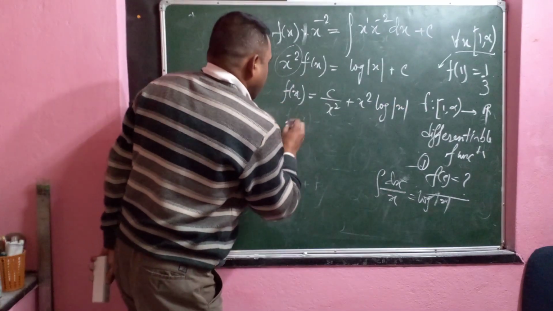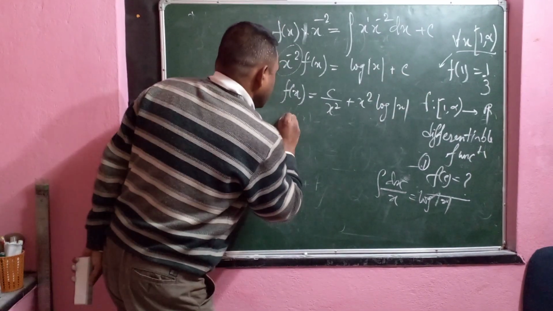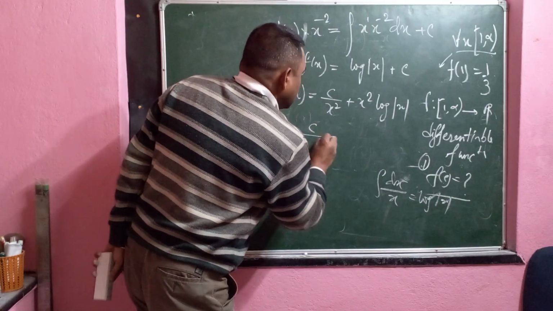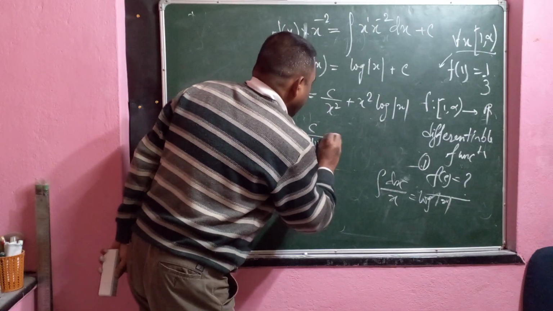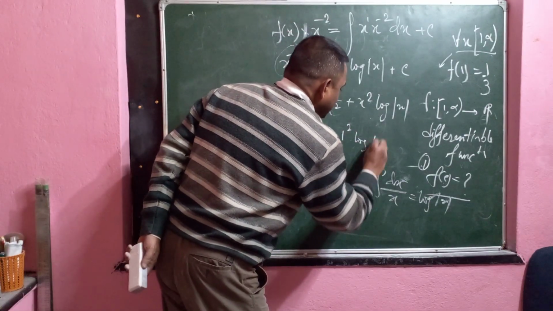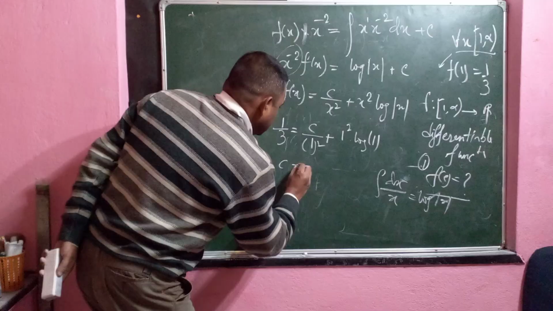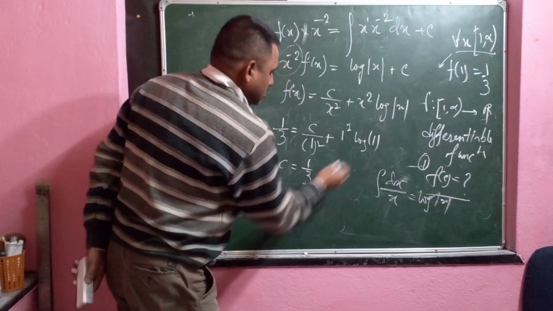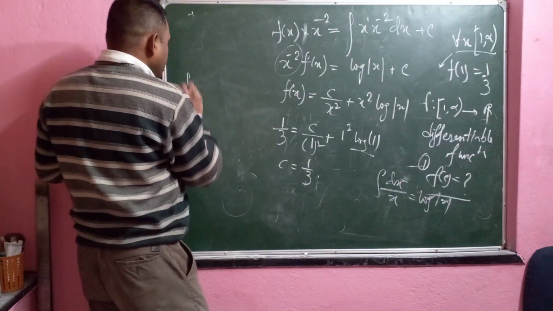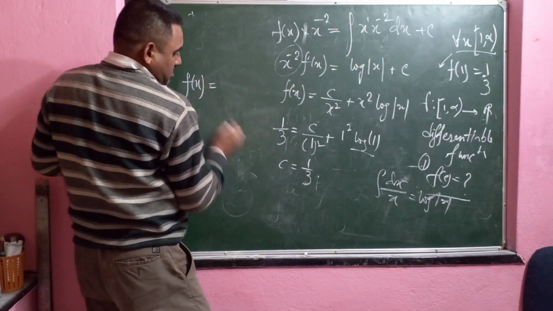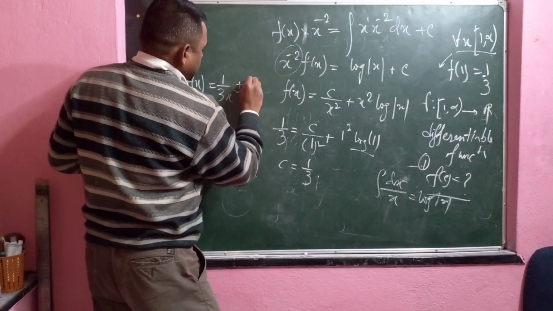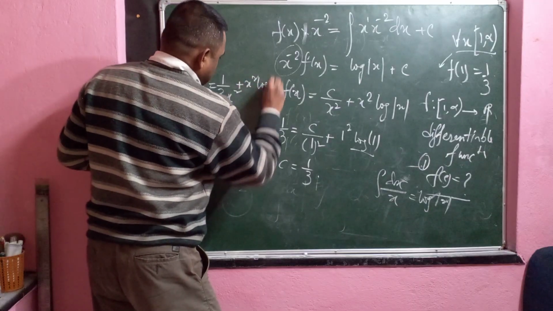So if f(1) equals 1 by 3, then 1 by 3 is equal to c into 1 square plus 1 square log 1. Log 1 is 0, so c is equal to basically 1/3. So our end result will be 1/3 c x square plus x square log x.